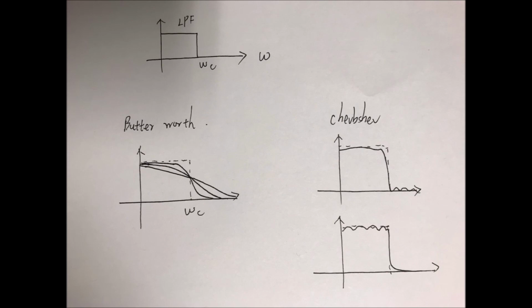Actually, in chapter 4, we showed a second order Butterworth low-pass filter as an example. So if this is the ideal one, the Butterworth filter will look like this.